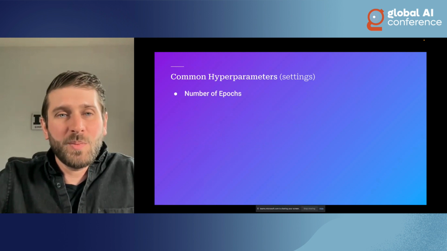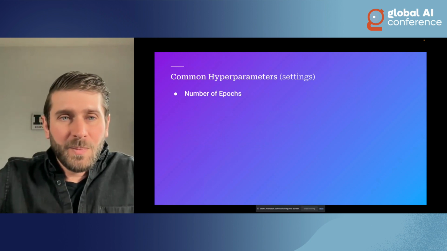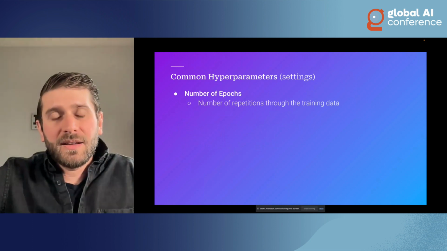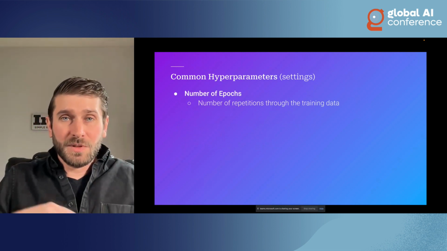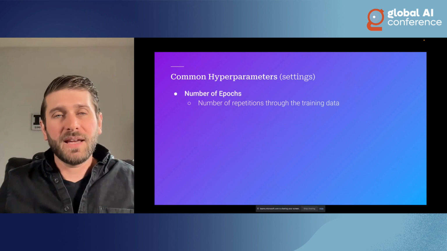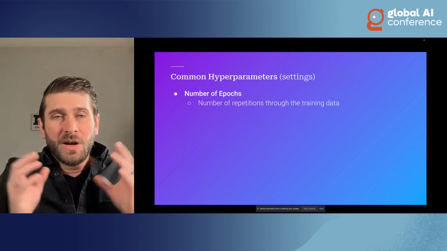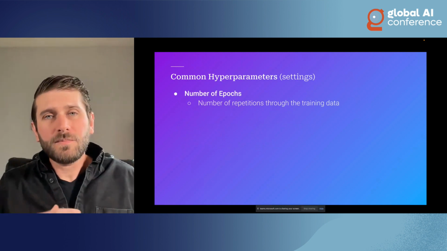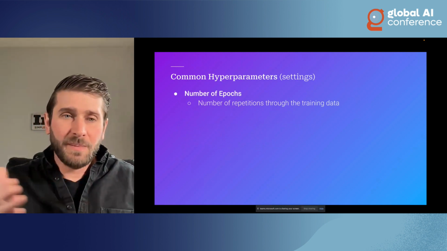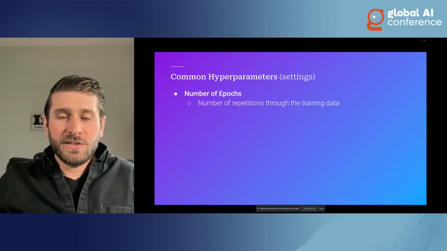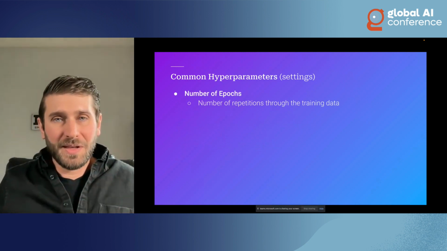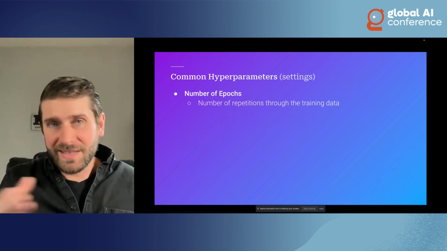So the most common hyperparameter that you'll see is number of epochs. And this is the number of repetitions that the algorithm is going to use to go through your training data set. So you don't just train the model once on your data set, typically. That would be 1 epoch. But you do multiple times through, because the things it learns along the way can be helpful in understanding the data in more context and learning even better the next time through.